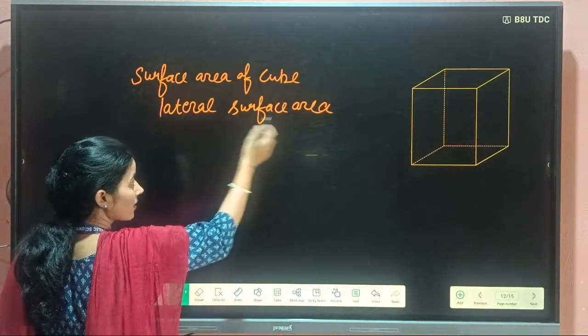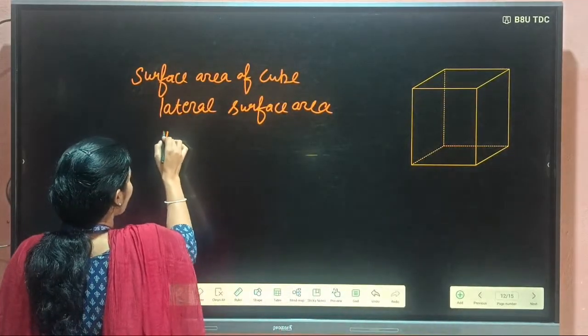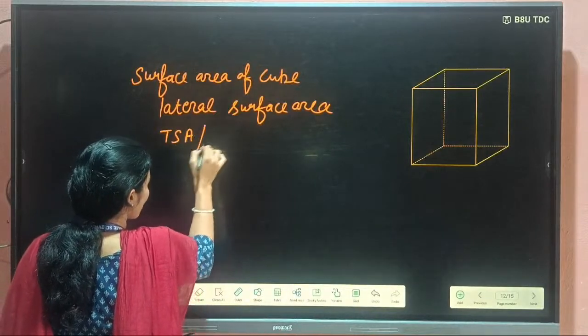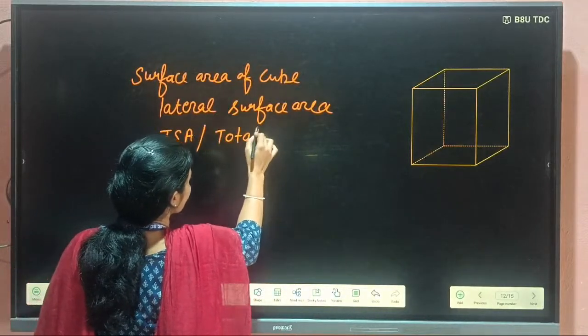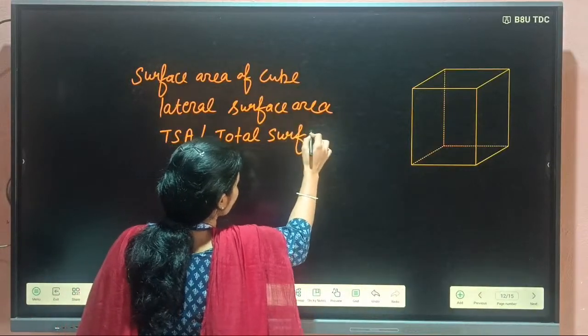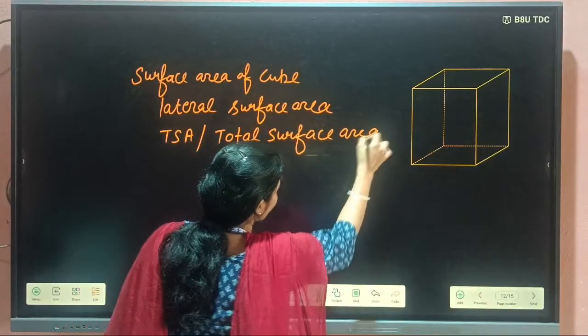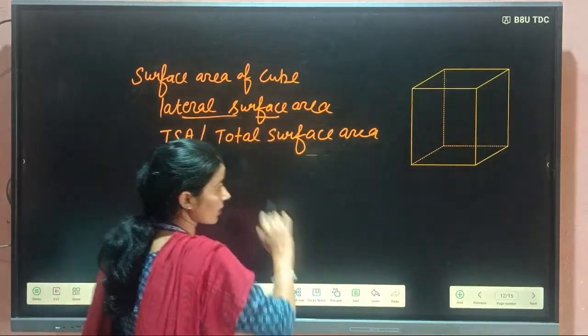TSA stands for total surface area. What is this lateral surface area?